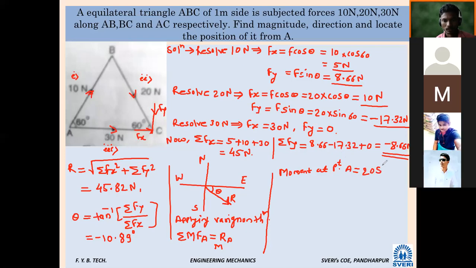20 sine 60, Fy, into its distance 1. Like this, the moment due to all forces will be there. Calculate 20 into sine 60. How will that moment be, clockwise or anti-clockwise?